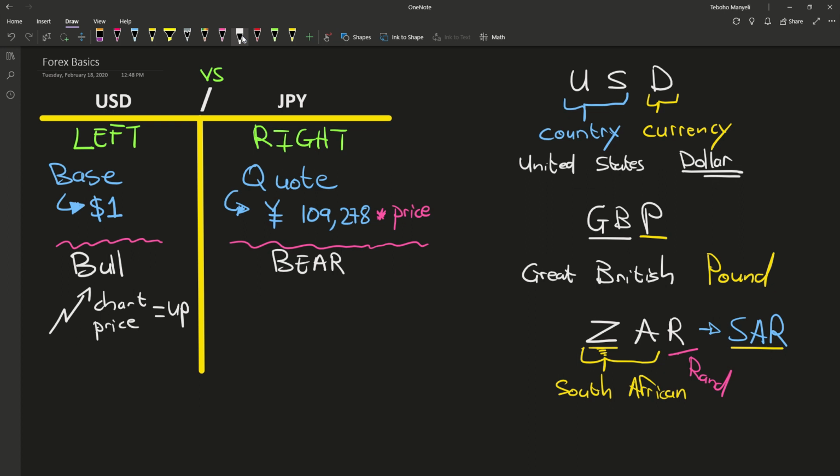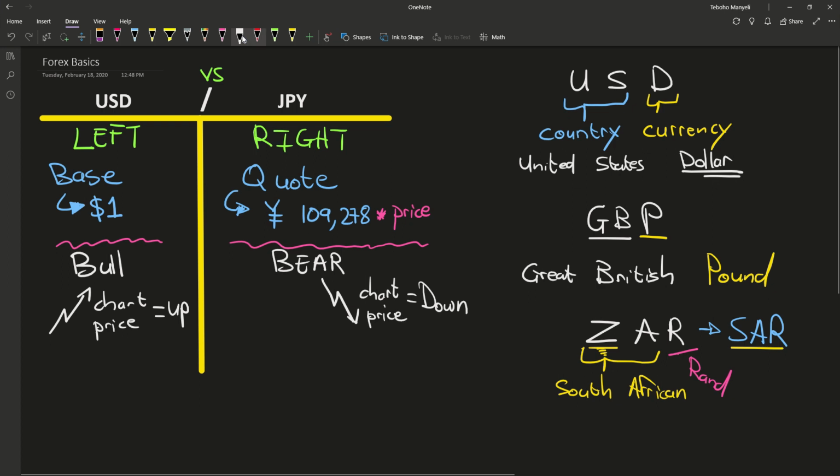And the bear, when it attacks, stands up and claws the individual down. It uses its palms by standing up. So a bear attacks by sending the victim, or in this case the chart, downwards. So the chart is going down, or the price is going down, one and the same thing.